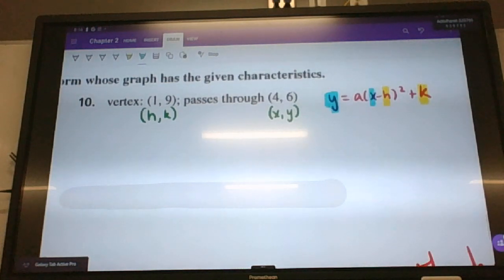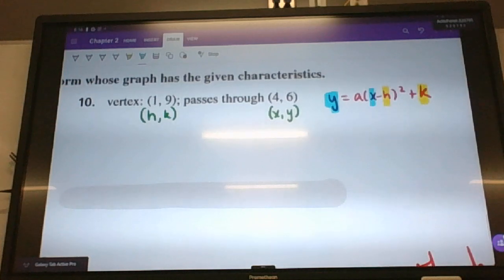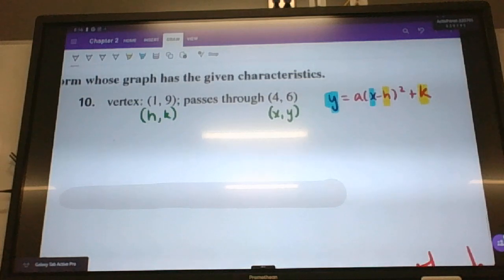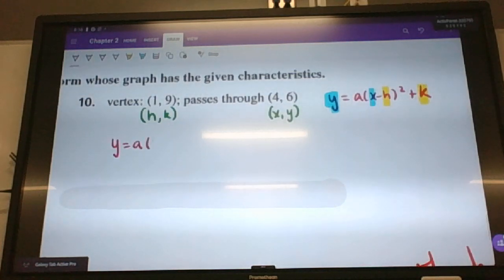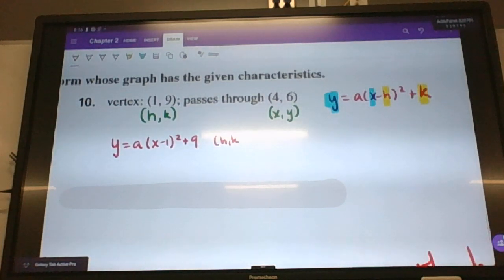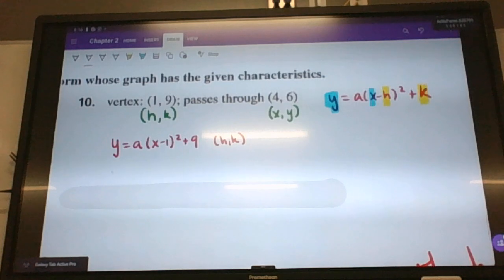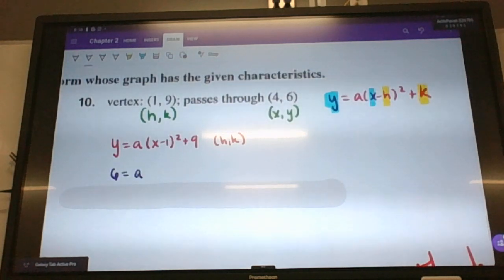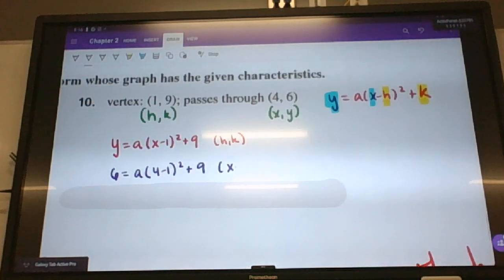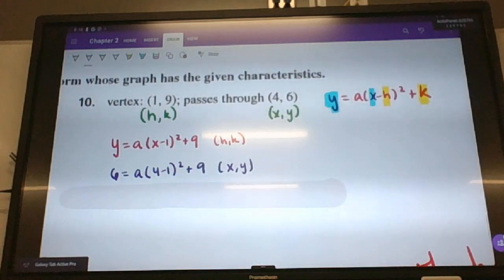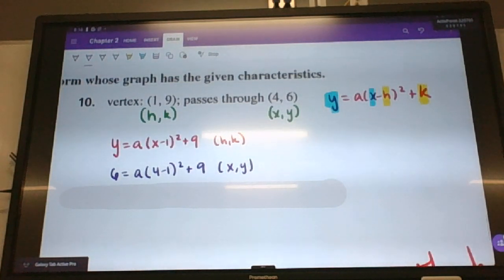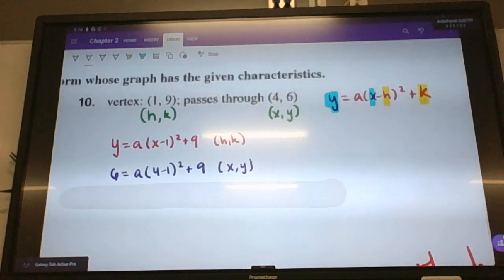So we're filling 4 numbers into the model. I'll do the vertex first. That is the H, K, and then I'll put in the other one. That has the X, Y. I put 4 different numbers in it. And I'm going to do the math.